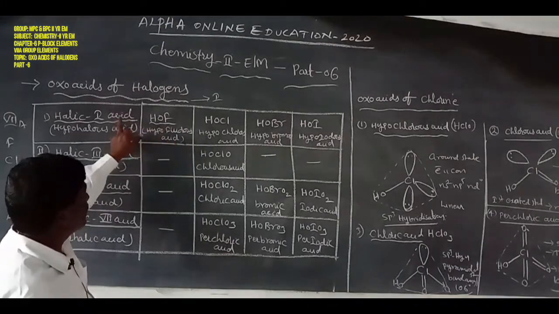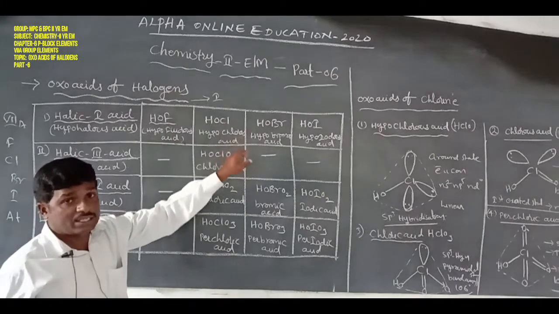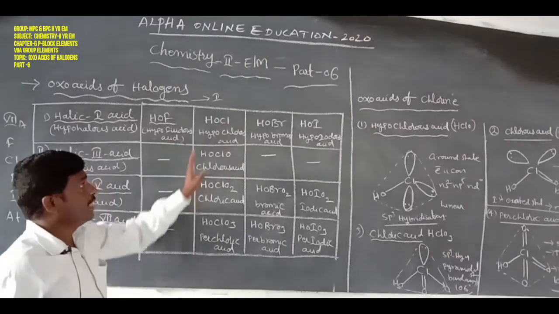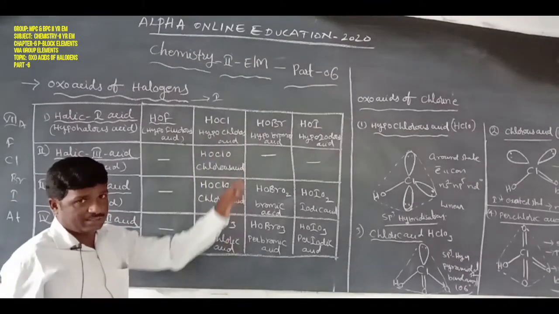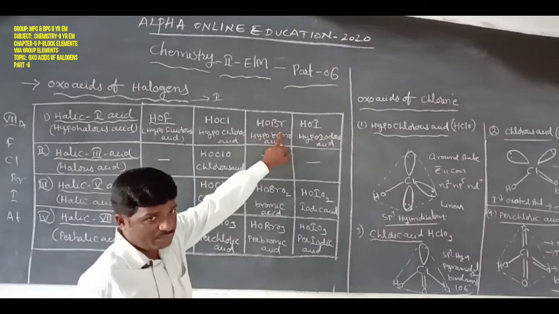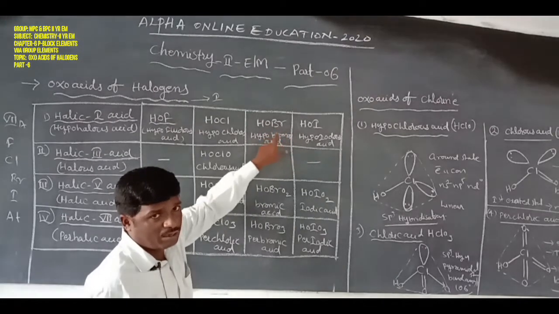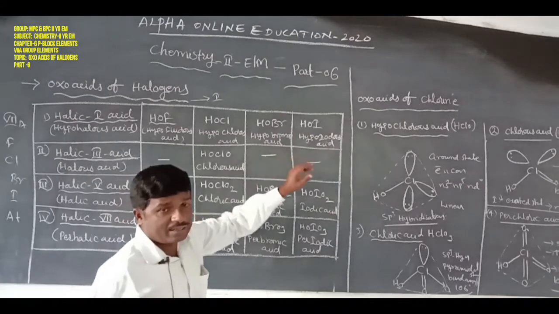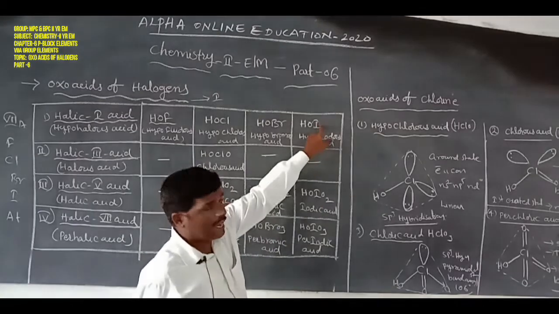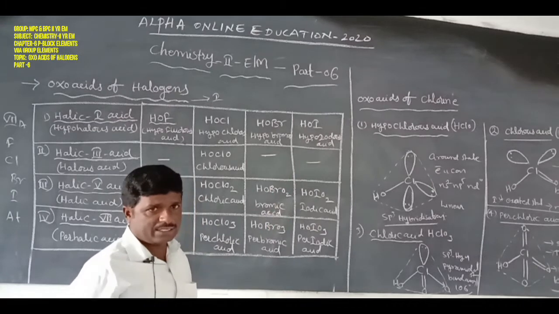Next, chlorine forms the halic 1 acid, hypochlorous acid, with the formula HOCl. Next, bromine forms hypobromous acid, formula HOBr. Next, iodine forms HOI, known as hypoiodous acid.